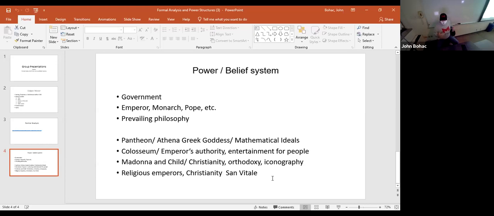And so that's what I mean about power and belief system. There's things behind the scenes that affect how this building, this statue, this painting, this drawing, this book looks.